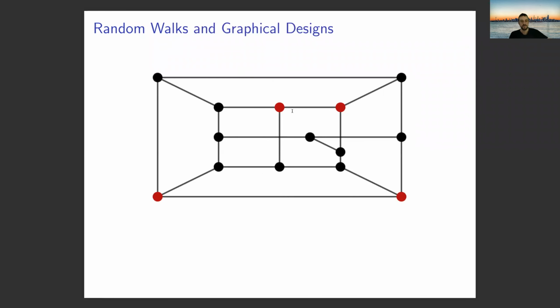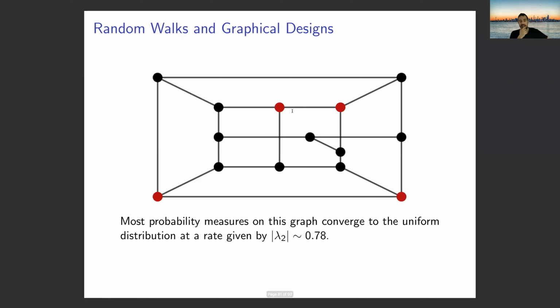So here's a fun picture. By the reasoning that I've just told you, most probability measures on this graph, almost anything you pick, converge to the uniform distribution at a rate given by the second eigenvalue, which is 0.78. So after n steps, you expect the difference between your actual probability and the uniform probability is 0.78 to the n, and there's some constant in front which I'm not tracking.